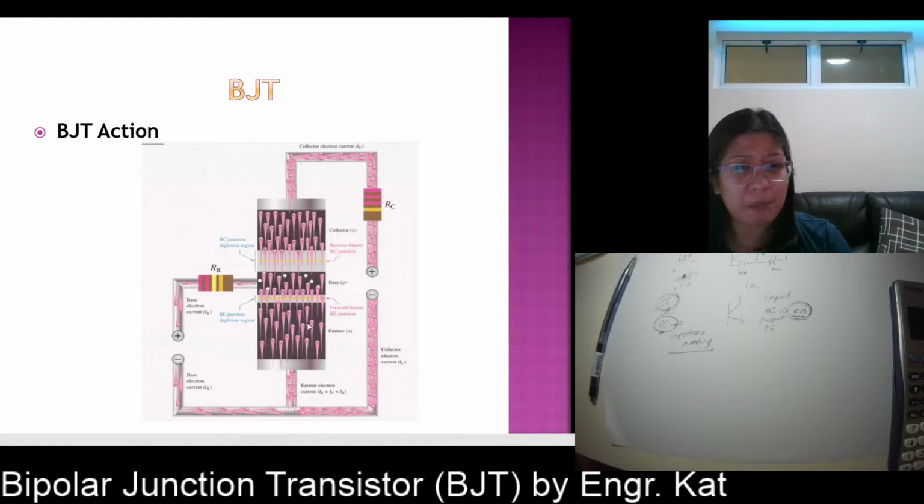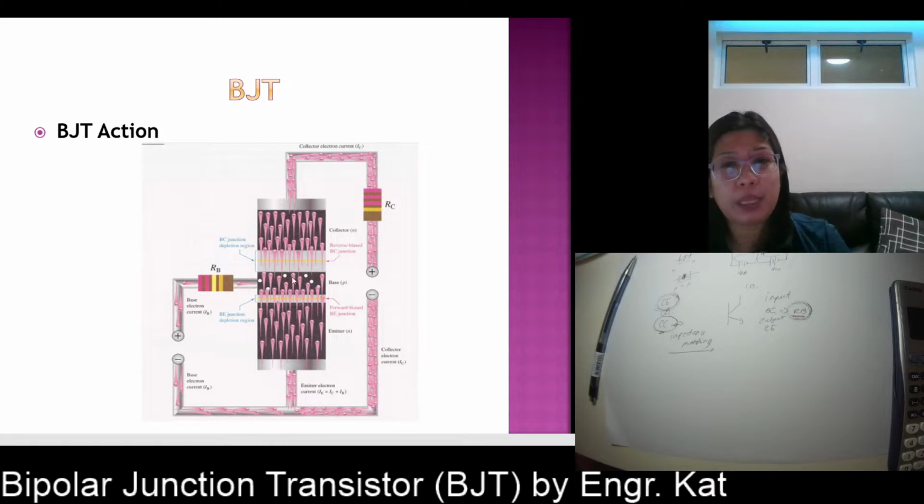Electrons here, being majority carriers and being forward biased, pass through your base. Then these electrons are the minority carriers, and being reverse biased, minority carriers are the only ones which can pass through the base to the collector, which happen to be the electrons. So as you can see, the electrons pass from the emitter to the collector, passing through your base.